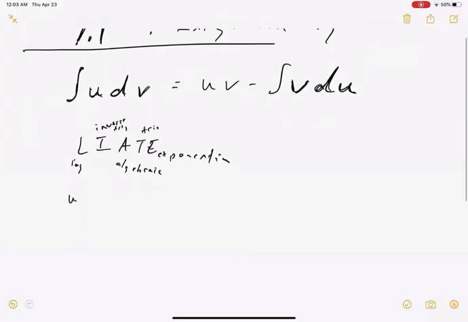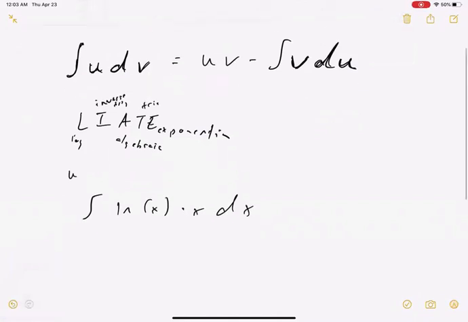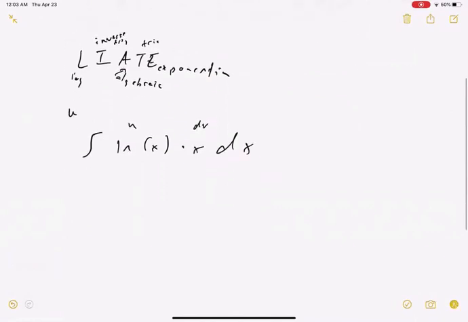Okay, so for example, if I was looking at the problem ln of x times x dx. This is an integration by parts problem, but what should be my u, what should be my dv? Well, I have an ln, that's a log, that's farther to the left than this x, which is my algebraic stuff. So I should let my ln of x be u, my x be dv.